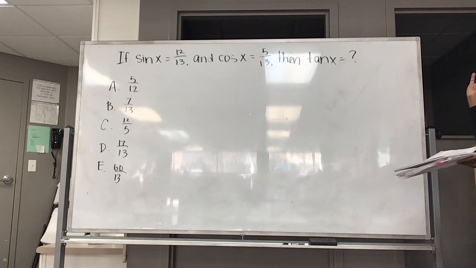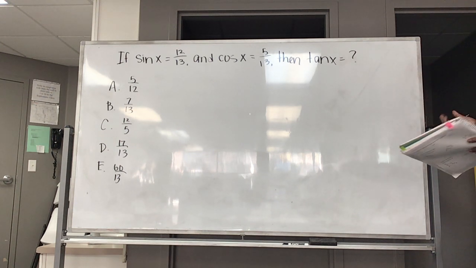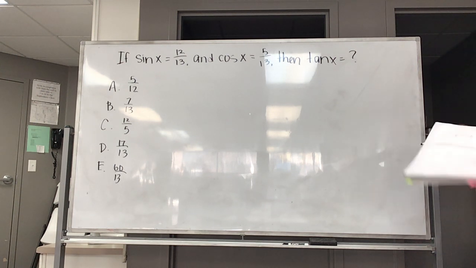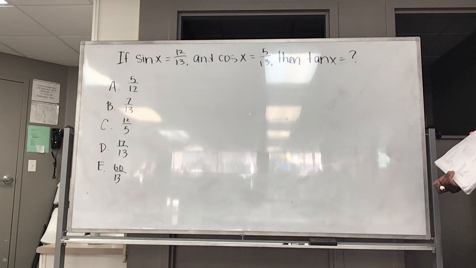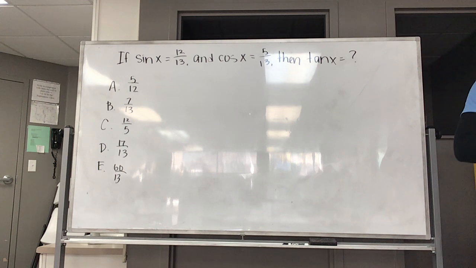A is 5 over 12, B is 7 over 13, C is 12 over 5, D is 17 over 13, and then E is 60 over 13. Okay, this one shouldn't take too long, so does someone want to yell out an answer?